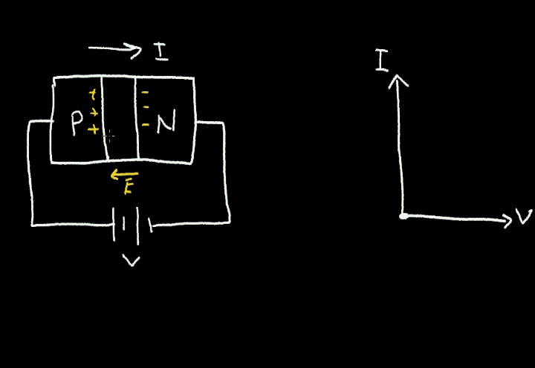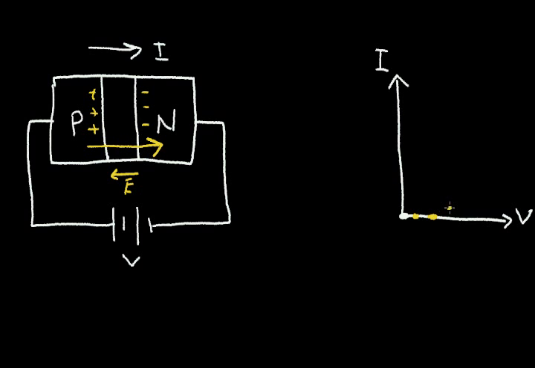So in effect, I'm canceling out this E field that's built into the depletion region. As I increase this voltage a little more, I move out here, and eventually I collapse the depletion region, and at that point I get current to flow from the P region to the N region.